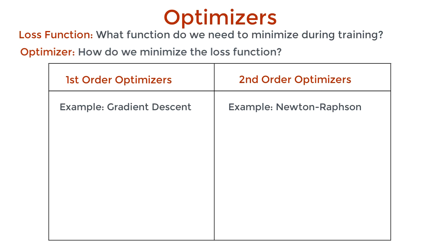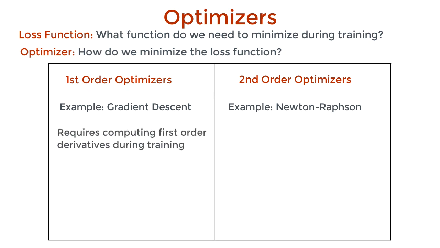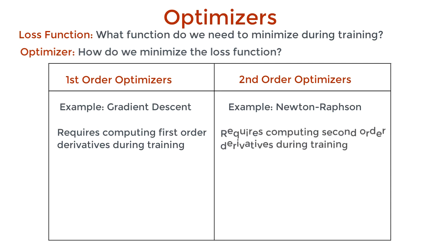Let's go through some differences between the first-order techniques and second-order techniques for optimization. Now, first-order techniques only require computing the first-order gradients to learn the weights. Second-order techniques require us to compute the second-order derivatives of the loss with respect to the weights.